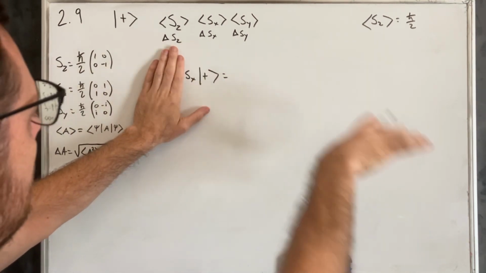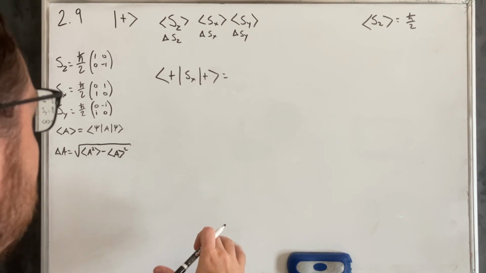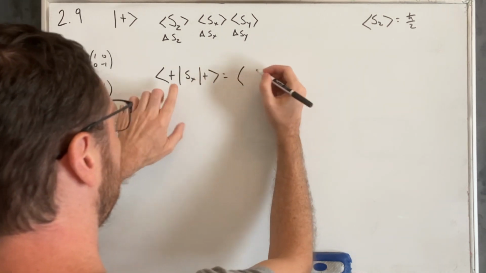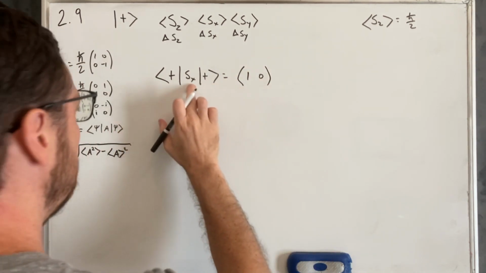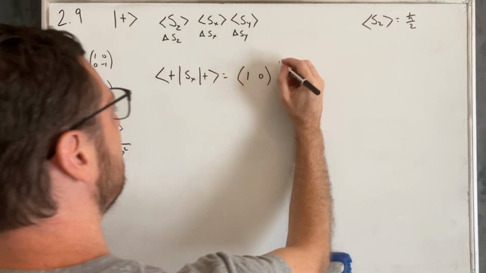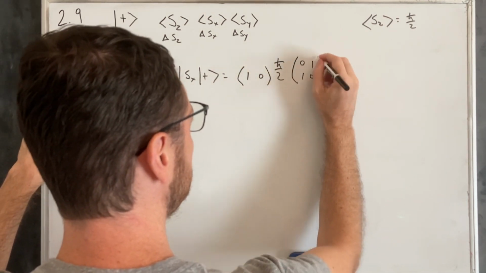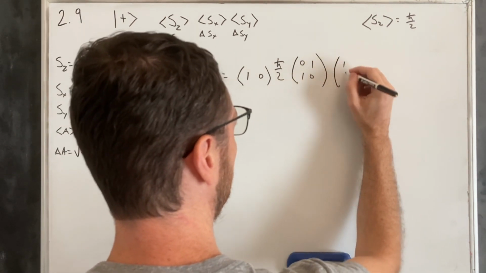In matrix form, the bra up is 1, 0 as a row vector. Our SX operator is h bar over 2 times the matrix 0, 1, 1, 0. And the ket up is 1, 0.